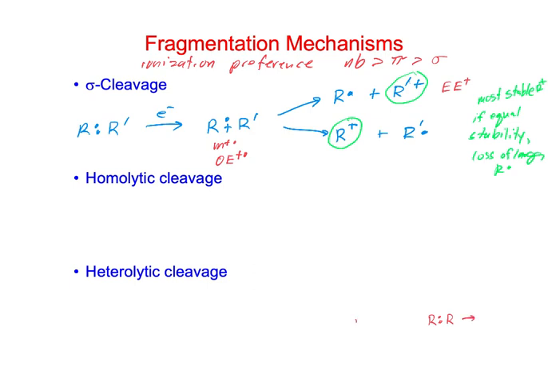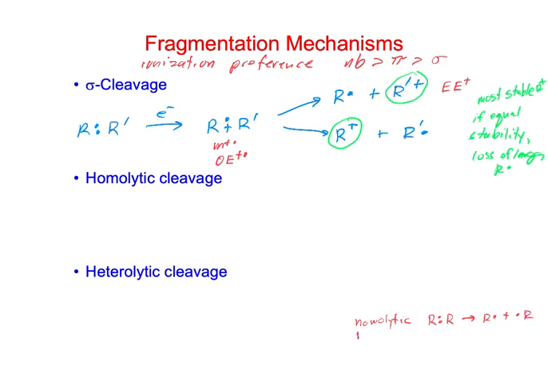If we had a homolytic bond cleavage, it means we're going to cleave the bond with an equitable or even splitting of the electrons. So this would give us two radicals.